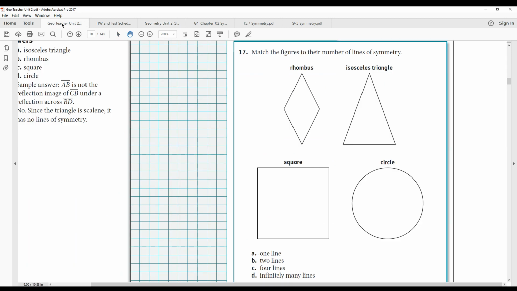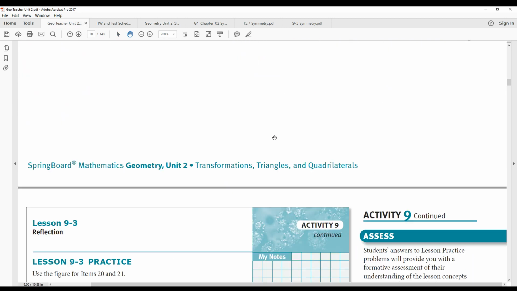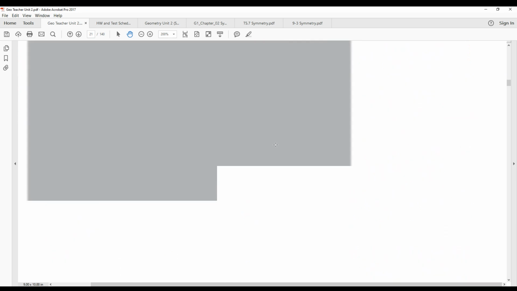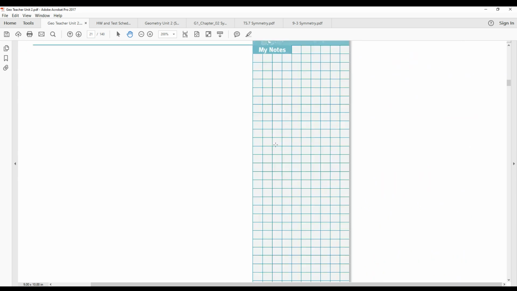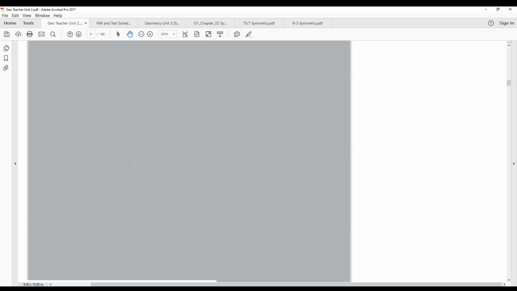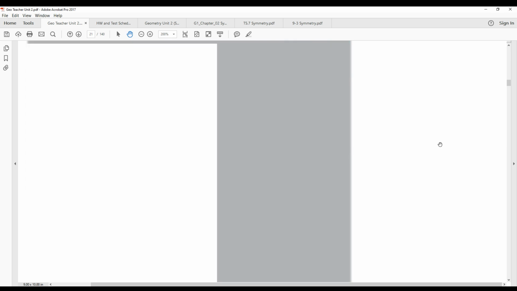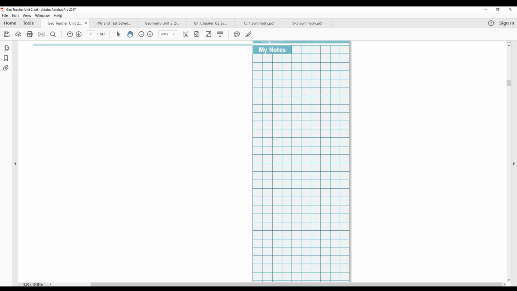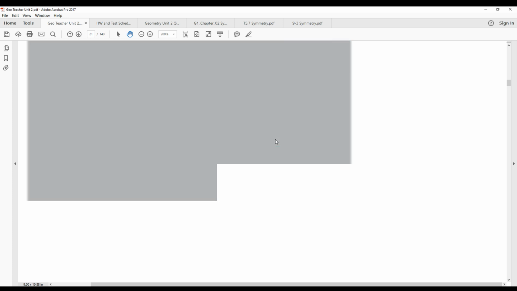Let me jump over here to show you the answers. Okay, so there are the answers, the drawings to number 20. It said to also identify the line of reflection. So you can see over here, the line of reflection is x equals 4. I can draw it right here.